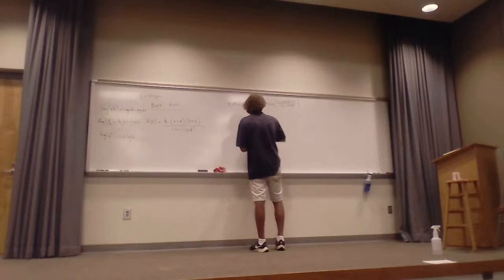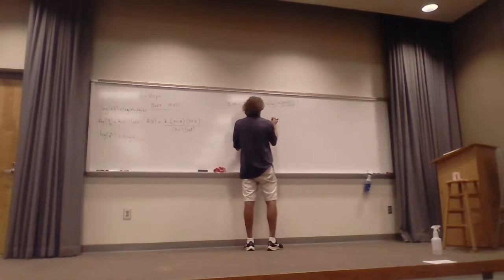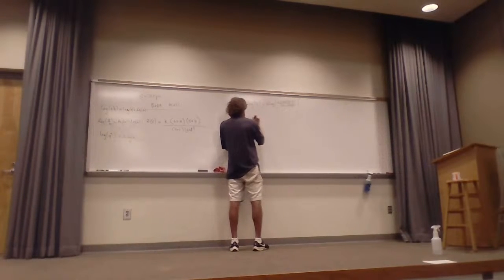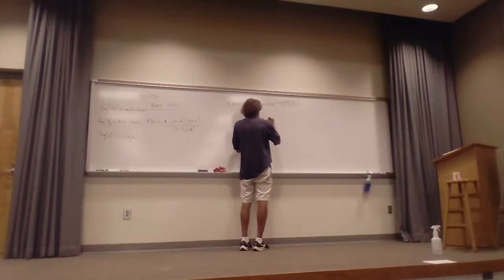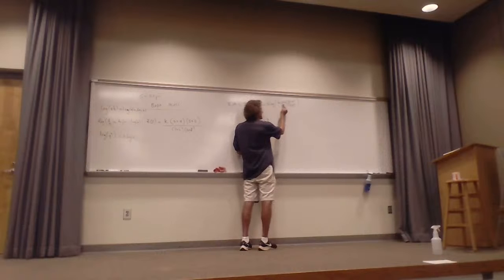So if I have this, really what I want to do is take 20 times the log of the magnitude. I'm going to put K by itself right here. Now look, I have an S. I want an S over A, so I factor out an A and divide by an A. Now I have S over A plus 1.